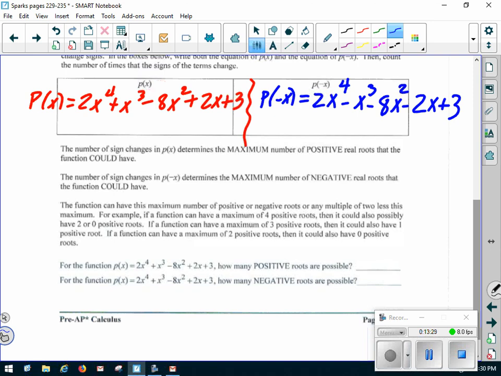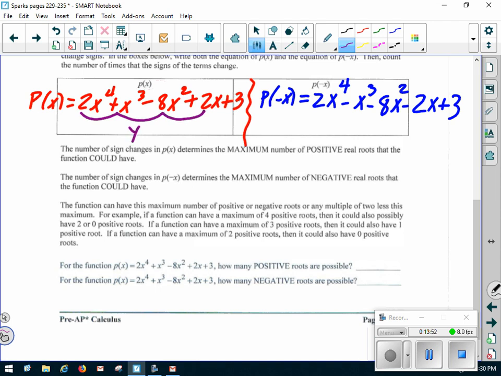Now, we're going to look at p of x, and we're going to decide, as I go from one term to the next, does the sign change or does the sign stay the same? What's the sign of that first term, positive or negative? What's the sign of the second term? Does the sign change? Nope. Does the sign change from here to here? Yes. Does the sign change from here to here?